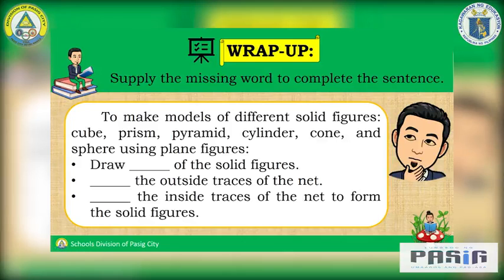Now, let us recall everything we have learned. Supply the missing word to complete the sentence. Write your answer in your notebook. To make models of different solid figures, cube, prism, pyramid, cylinder, cone, and sphere, using plane figures, draw blank of the solid figures, blank the outside traces of the net, blank the inside traces of the net to form the solid figures.